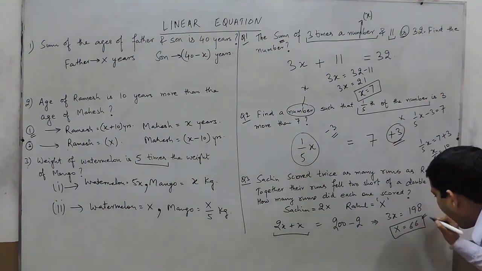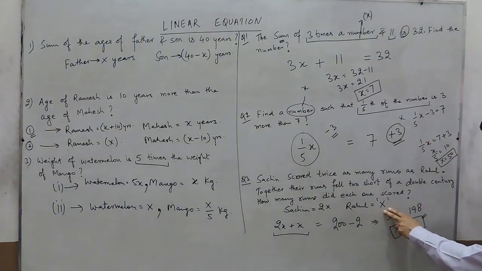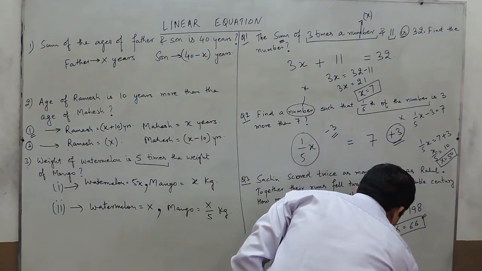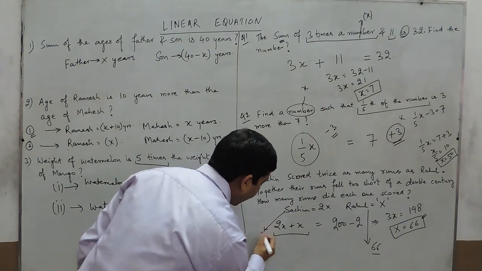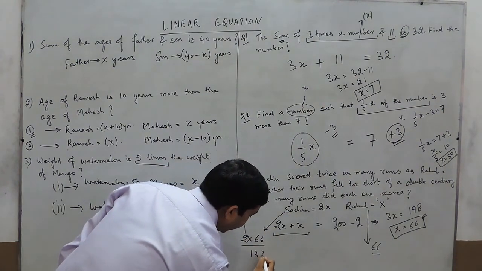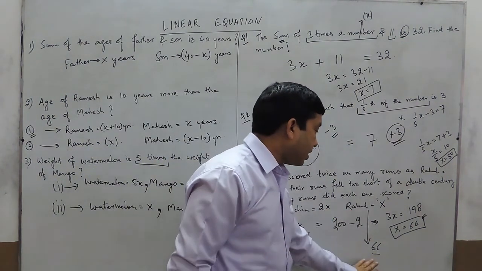When I am saying the value of x is 66, that means the score of Rahul is 66 because we have taken the score of Rahul as x. So the score of Rahul becomes 66 and the score of Sachin becomes 2 into 66, so it is 132. The score of Sachin is 132 and the score of Rahul is 66.